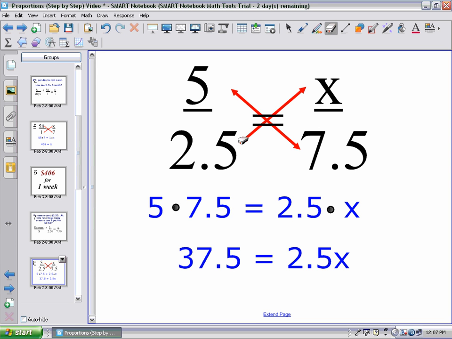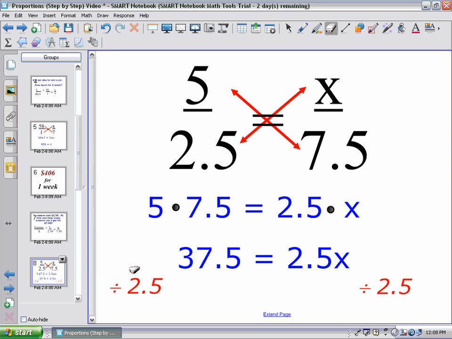Now, unlike the last problem, this one requires one extra step. I've got to get rid of the 2.5 in front of x. 2.5x means 2.5 times x, so the opposite of multiplying by 2.5 is dividing by 2.5. And remember from algebra, if I divide one side of the equation by 2.5, I need to divide the other side by 2.5. 2.5x divided by 2.5 is 1x.